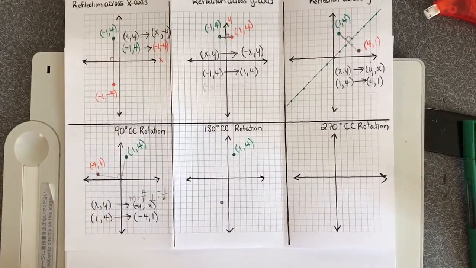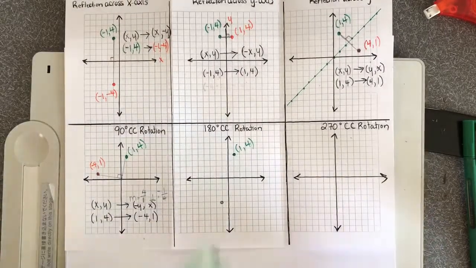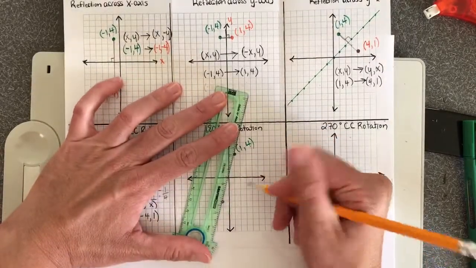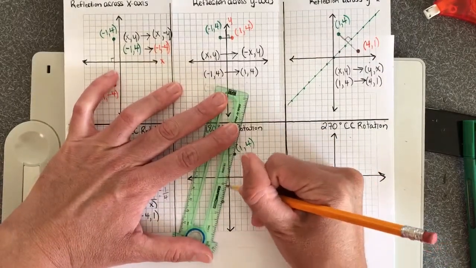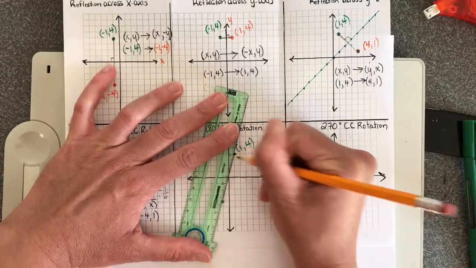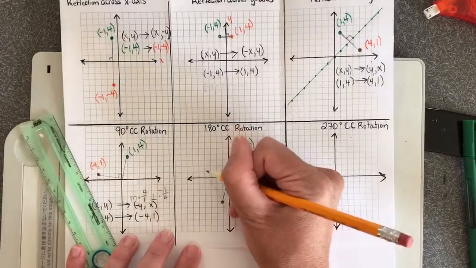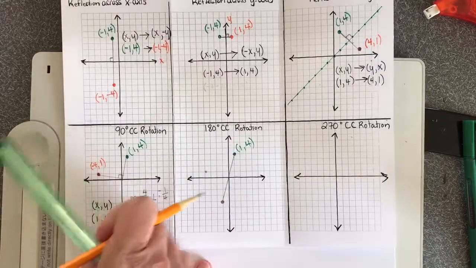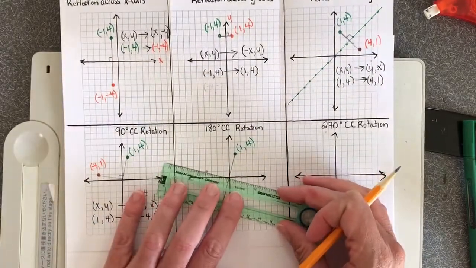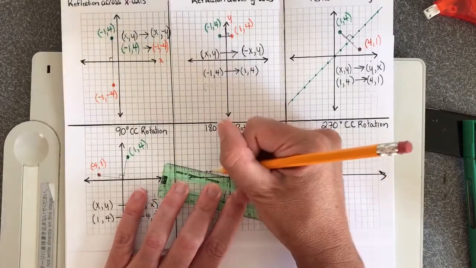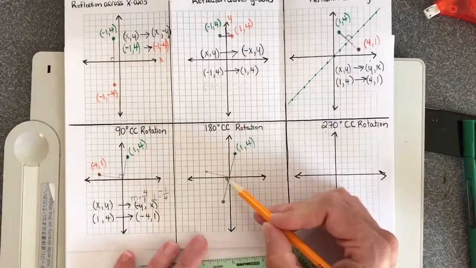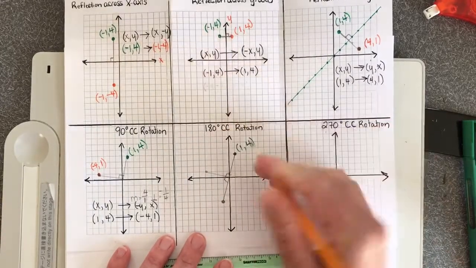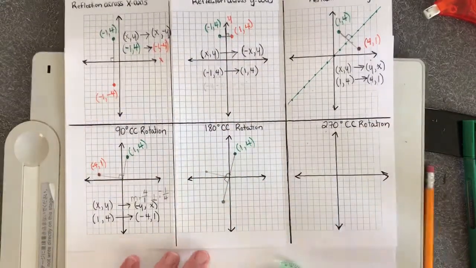Well, how am I going to know if that works or not? Draw your segment, and take a look. Draw your two 90-degree angle marks to see. And there we go. We've got the two 90-degree angles, so we have the 180.